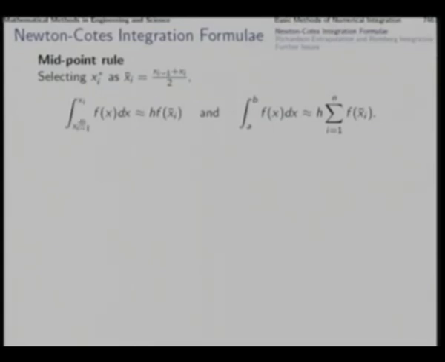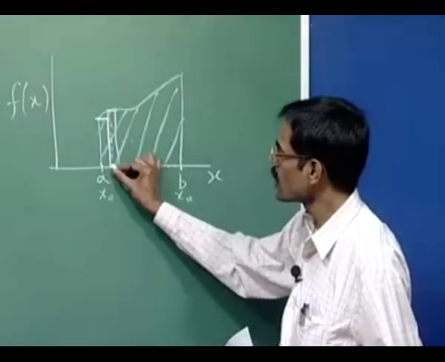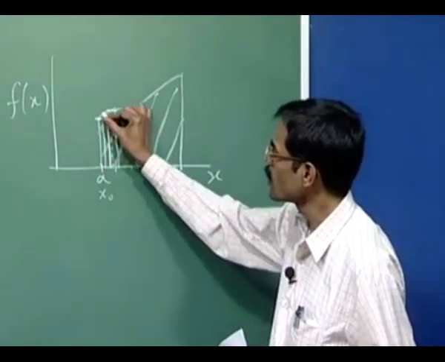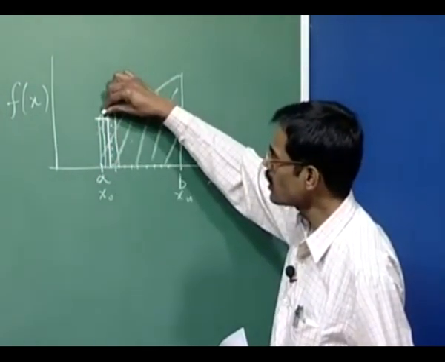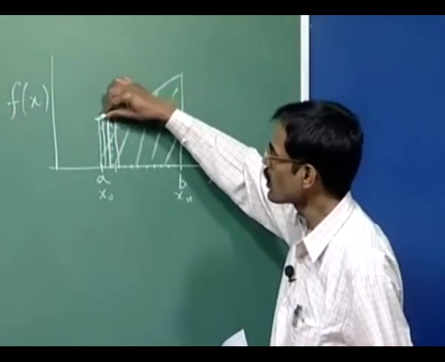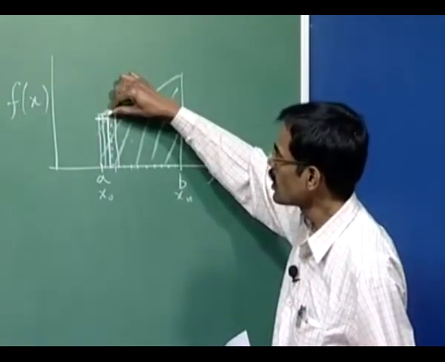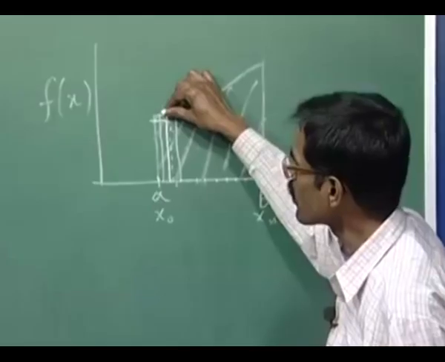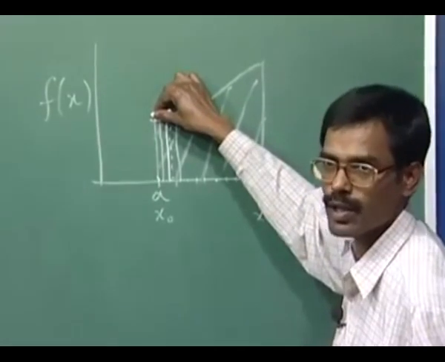So selecting xi star as the midpoint of the sub interval, over one such sub interval you get the integral as h into that value, that is neither in the beginning nor in the end, but in the midpoint. The understanding is that whatever is the trend of the function, whatever is lost in this half is compensated in this half to a good extent. Okay.